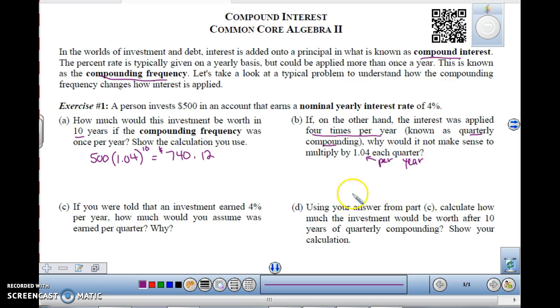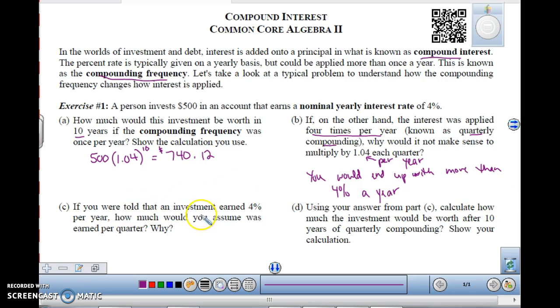So you would end up with more than 4% a year, because it would be 4% every time that you compounded.